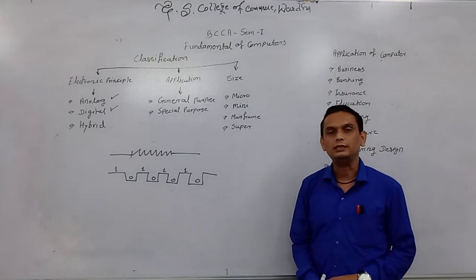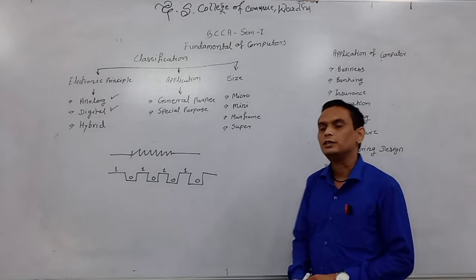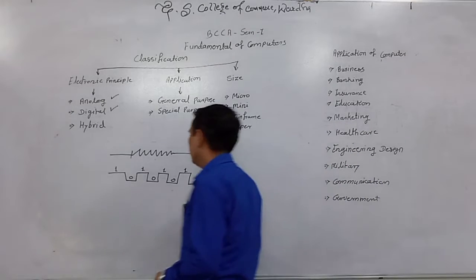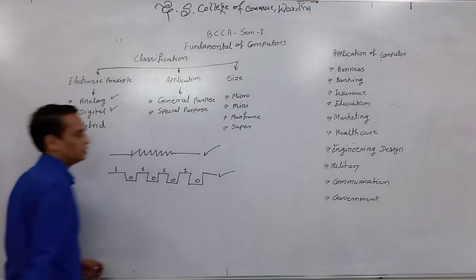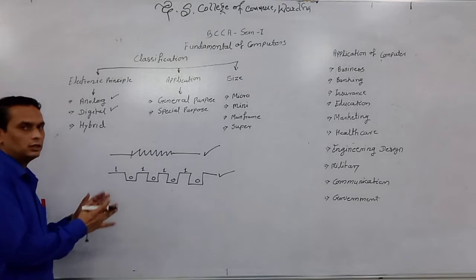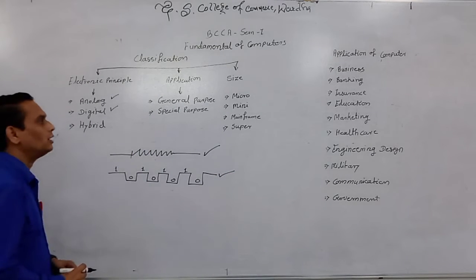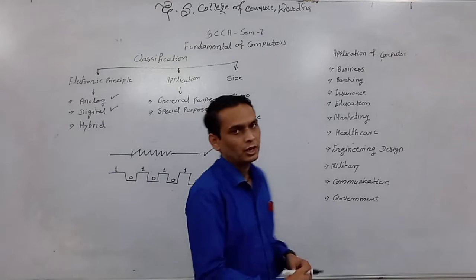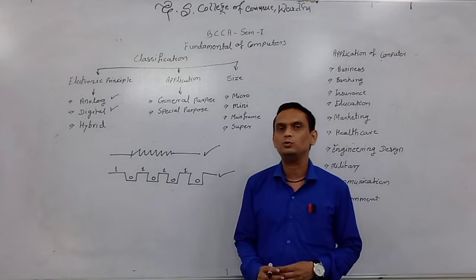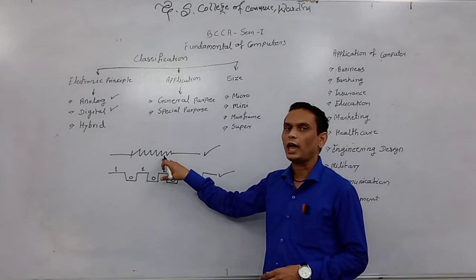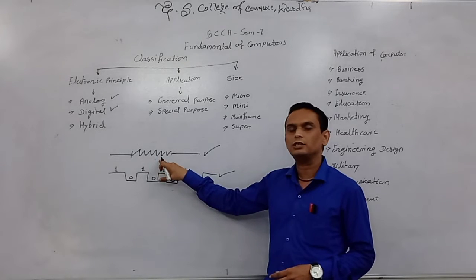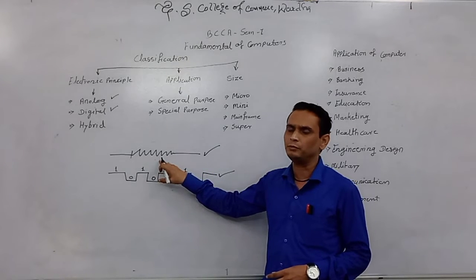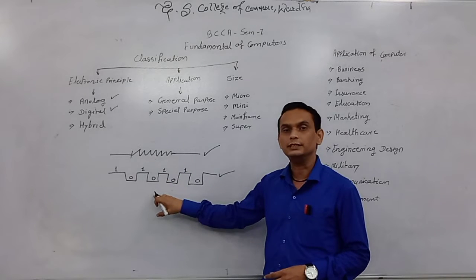The third one is the hybrid computer, where the technology of the analog computer and the digital one are combined in a single computer. It works on analog and digital both, or it accepts data in the form of analog and makes output in the form of digital.